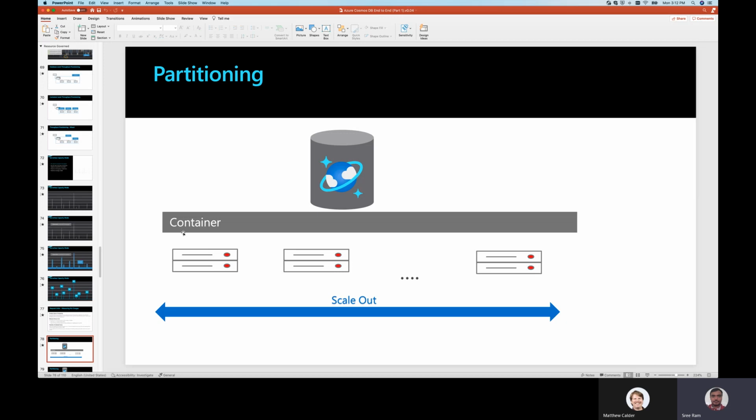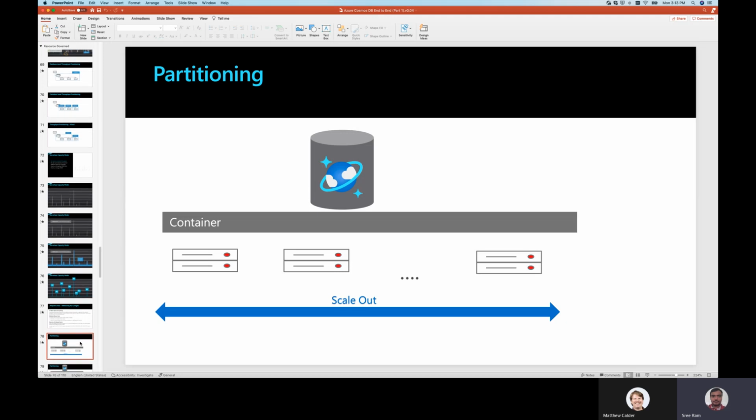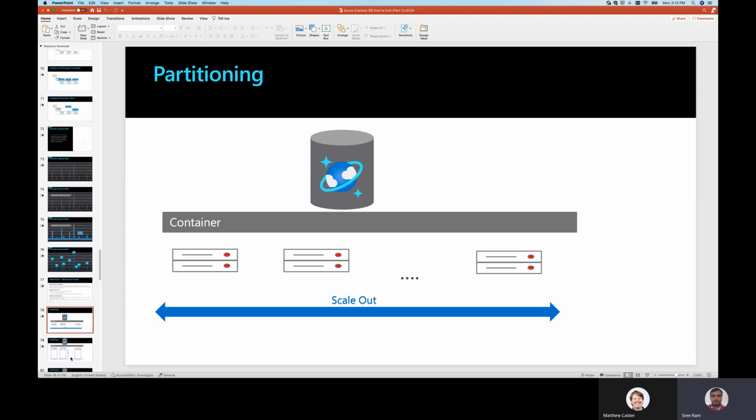Then Cosmos automatically spins up a new partition, and when that exceeds the capacity, we do the same, and we do that to infinity. Therefore, scale out is directly proportional to the number of partitions that you have, right? So that's the scale of your database. The more partitions, assuming you did your partitioning correctly, the more you have scaled out your database.